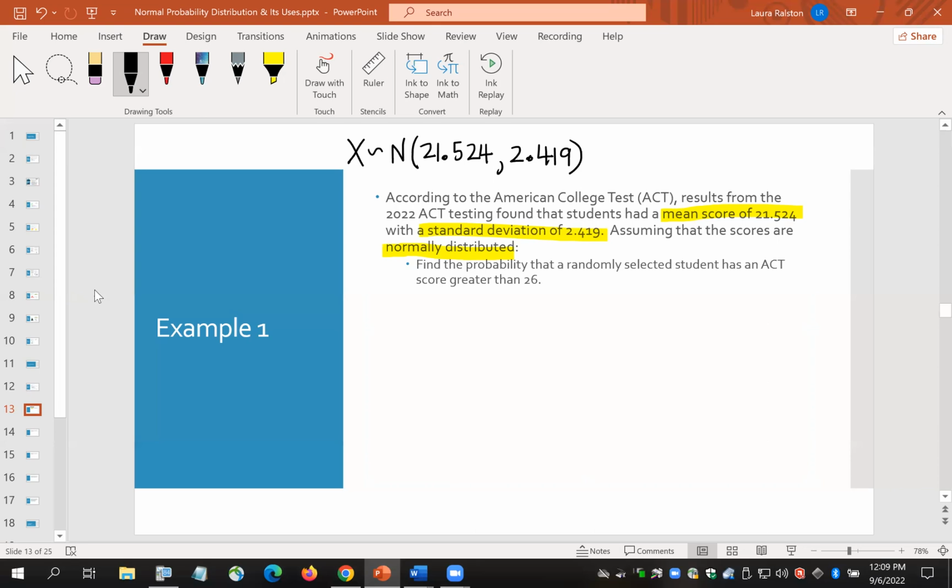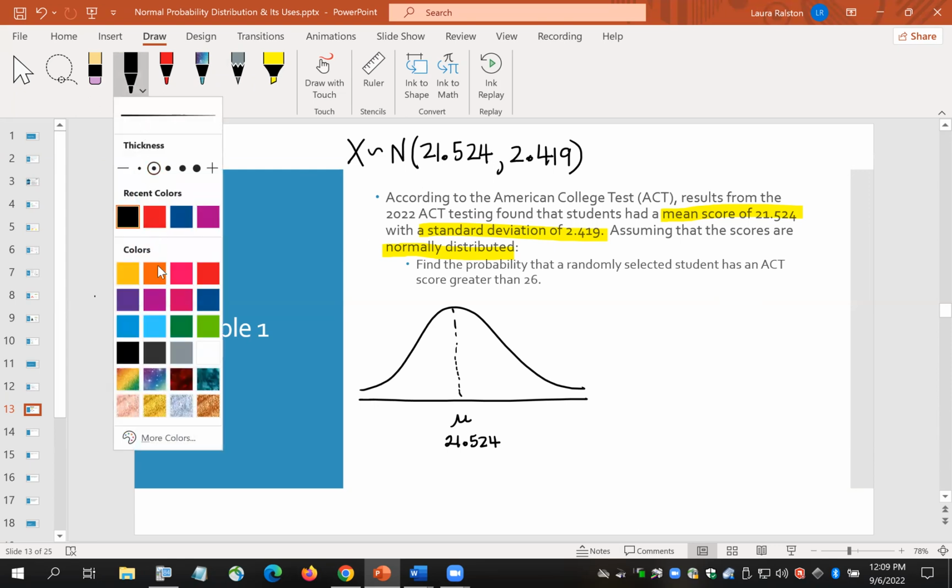Okay, so again, I'm going to sketch this out. I start out with my horizontal axis and my normal bell-shaped distribution, and always label where the mean is. The mean is the measure of center, and it is 21.524. The value I'm interested in is an ACT score greater than 26.